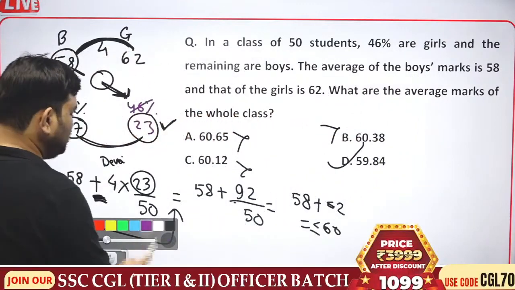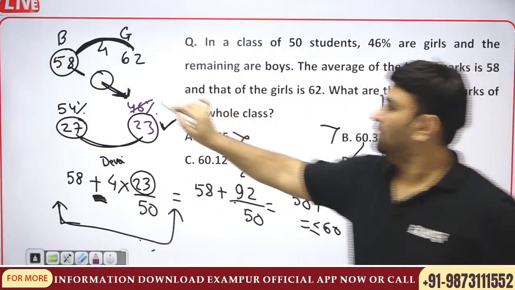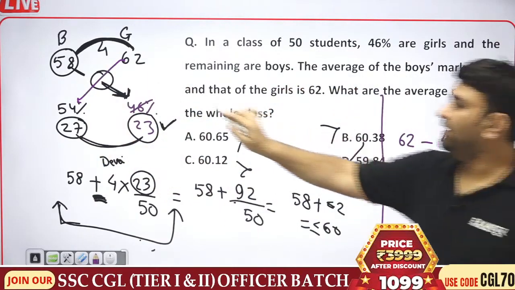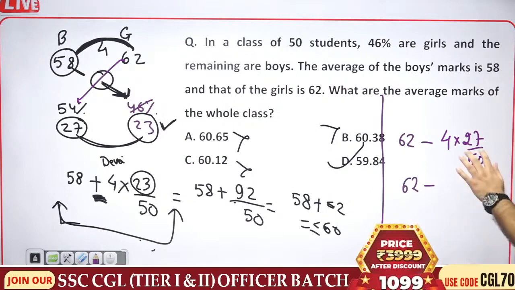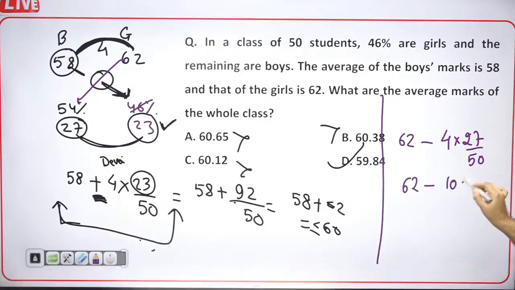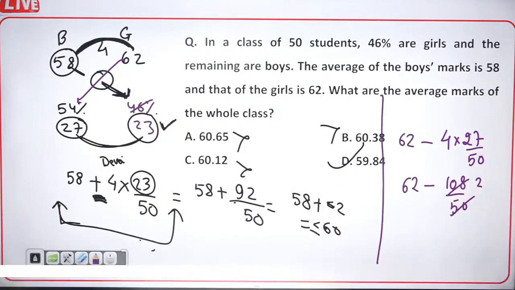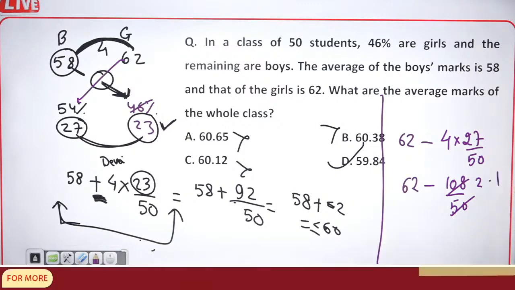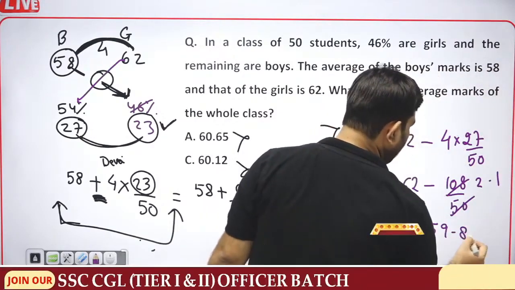So with 62 it is 62 minus the deviation of 4 times 27 over 50, which is 62 minus 108 by 50. So it is 2 times 8, make it 80, 1 times something like 2.1. So it is 59.8 or 59.8 something.